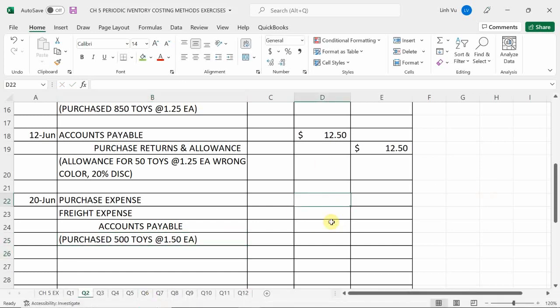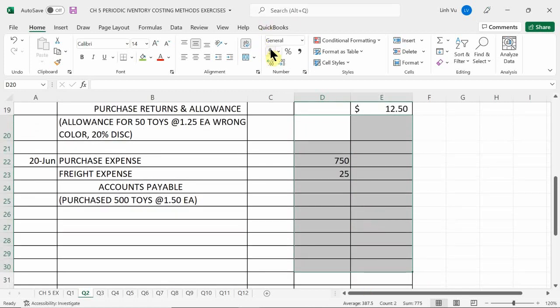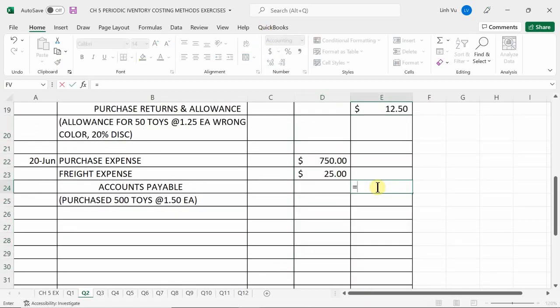Okay. So again, 500 times $1.50 plus $25 freight will give you that $775.